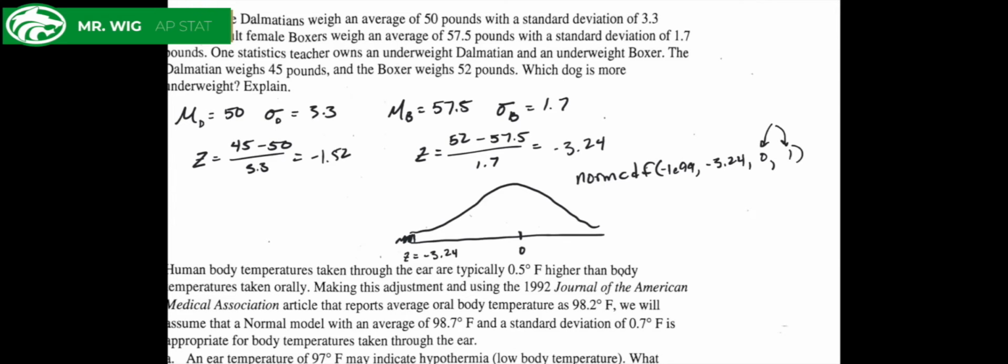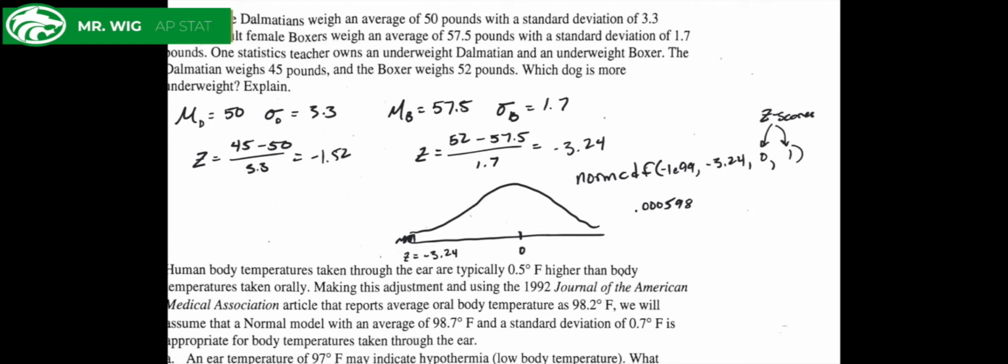These two right here, that's only for z-scores. And it's always a thing. If I want to work with z-scores, whether I'm using inverse norm or normal CDF, I can always use those values and work it out. The chance of this happening is 0.000598.